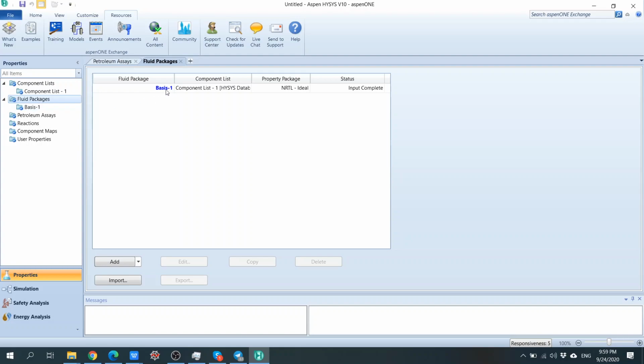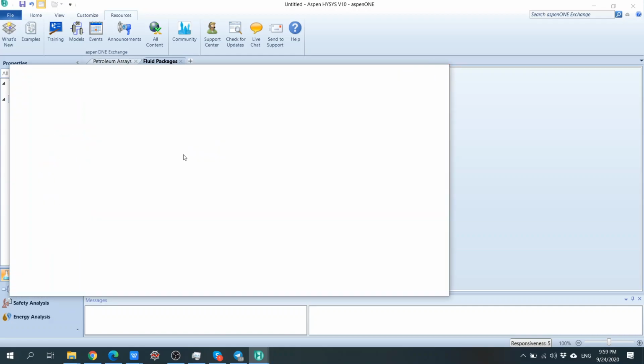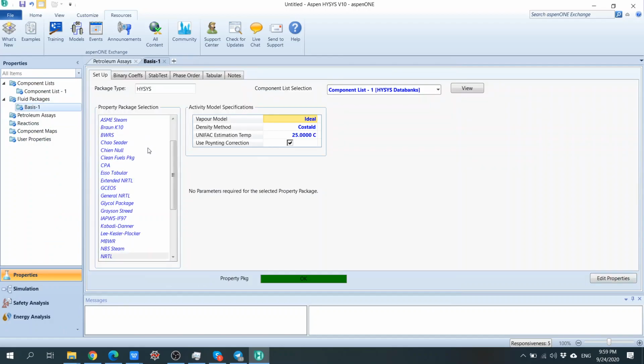So we just selected the NRTL. It says here the vapor model is using the ideal gas law, and the density is using Costald. You can Google or go through what it means.